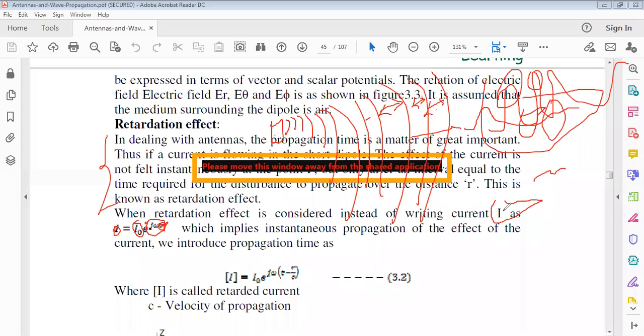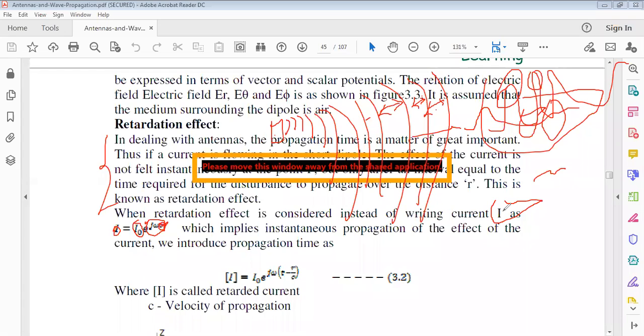Okay, at one point it radiates that energy into an electromagnetic wave. Here the retardation effect of that electromagnetic wave is shown only with respect to time only.